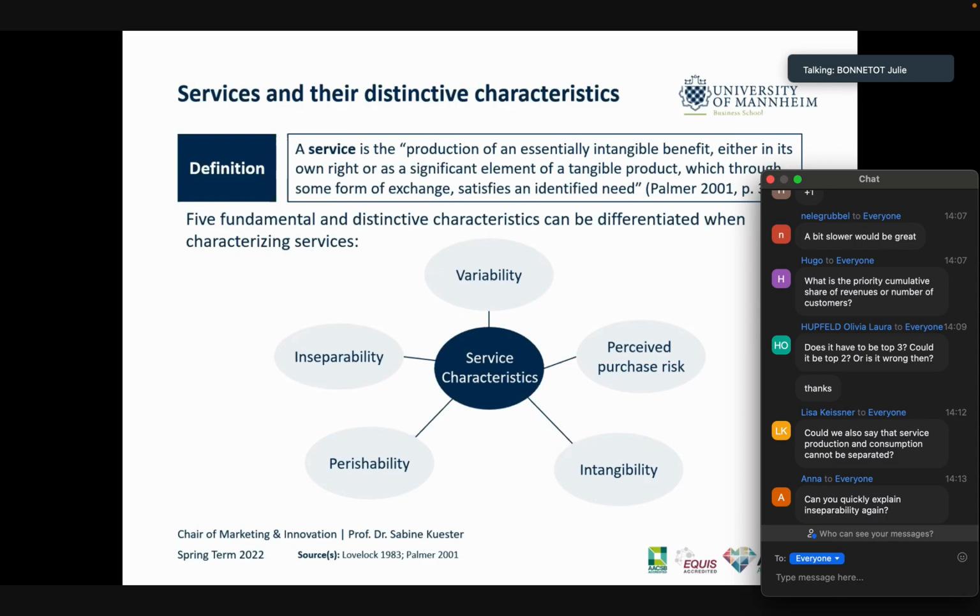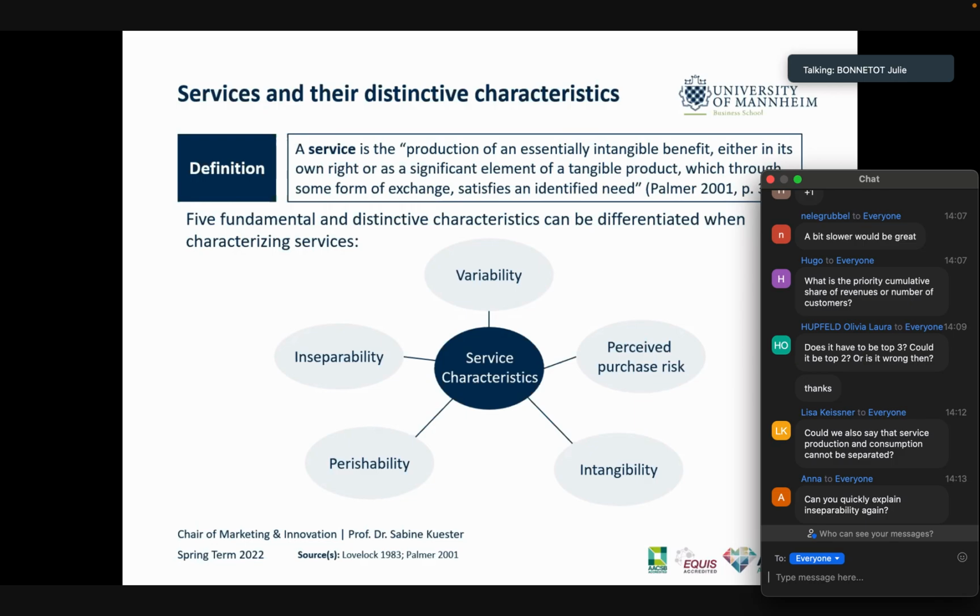So how is the service perishable in this case? We're referring to the time that would go for the hairdresser. For example, if your hairdresser has a slot free from 2 to 3 and you don't have a customer coming in at that point of time, his service is highly perishable.